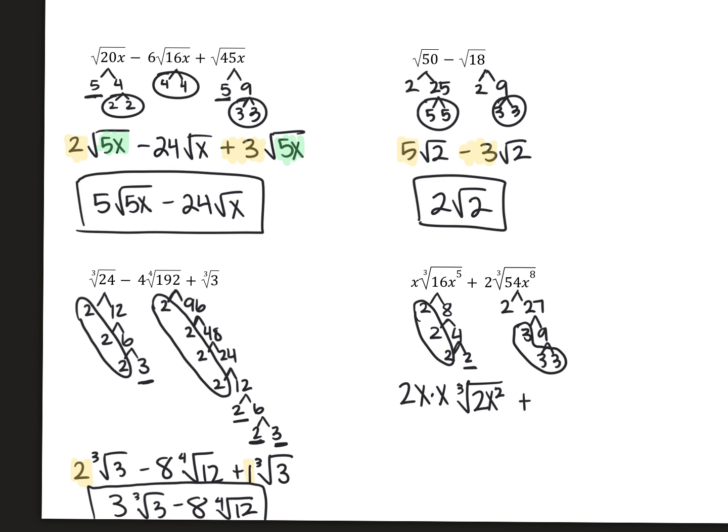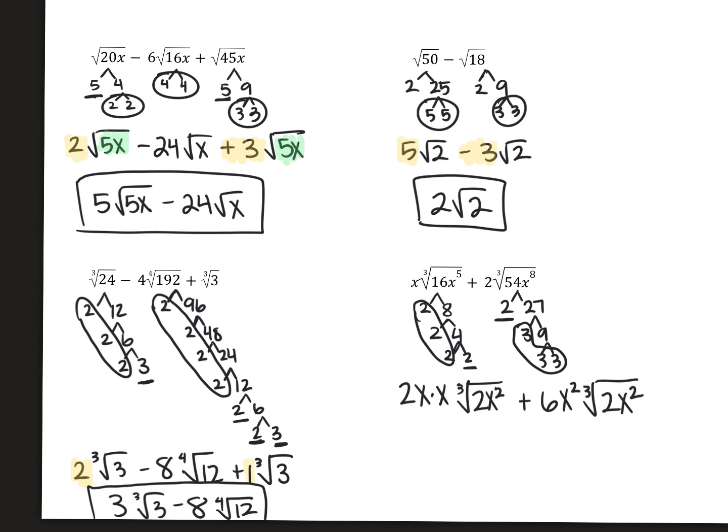For my next term, the 3 is going to come out and multiply to the 2, so it's going to give us 6. X to the 8th has 2 groups of 3 in it, so x squared. And then underneath the cube root, I have a 2 and 2 x's left.